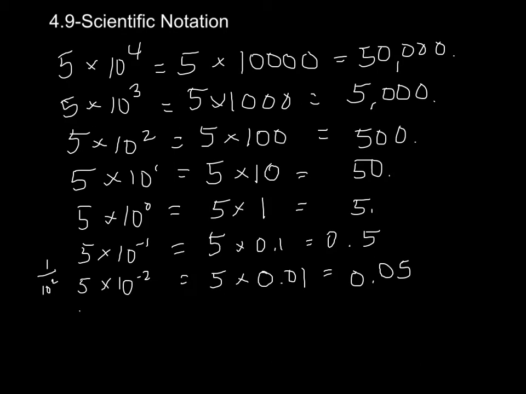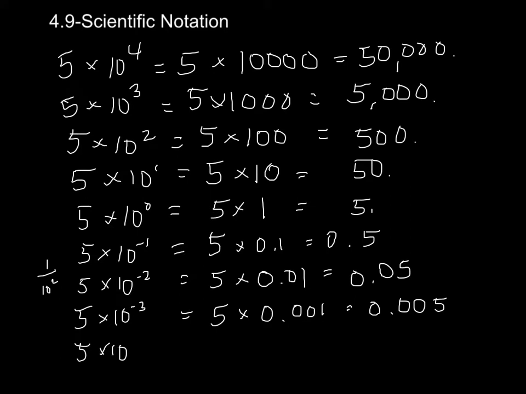Okay, what about 5 times 10 to the power of negative 3? If we do 5 times 0 and 1,000th, our answer would be 0 and 2 zeros. There we go. So again, I'm just moving that decimal point one spot. Okay, let's do, looks like we're supposed to do one more. 5 times 10 to the negative 4th power.